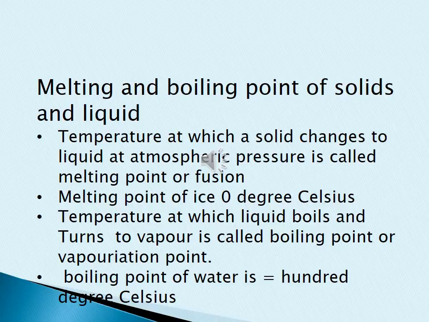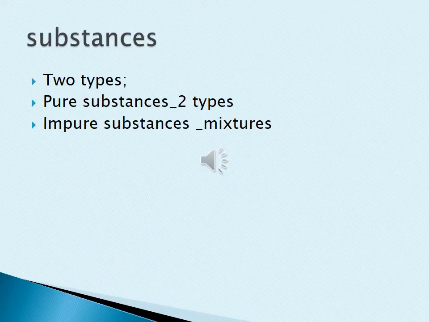Now we will study about chemical properties of substances. Chemical properties of substances are their reactions with acids, bases and other reagents.